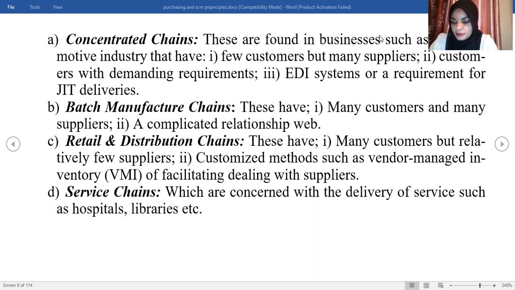So those suppliers, you as the organization, you'll be able to access their website and see what they have in terms of inventory so that you can make some orders. At the same time, those guys will be able to see what you have and make orders.